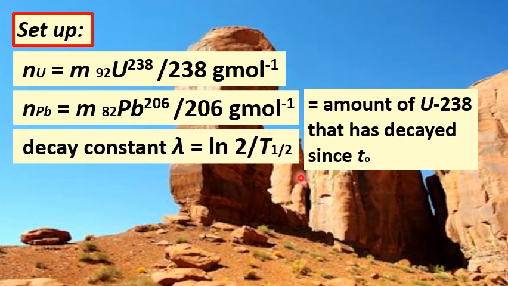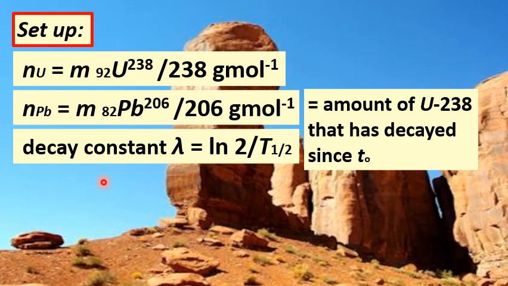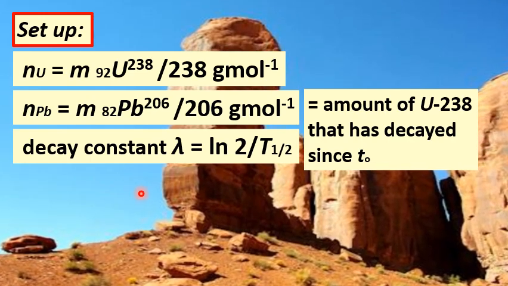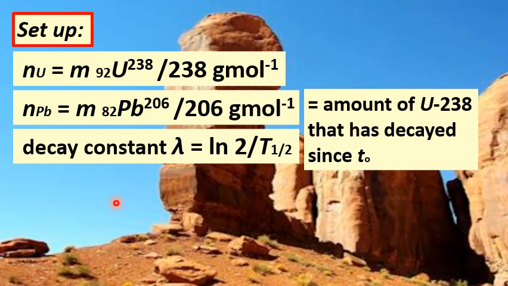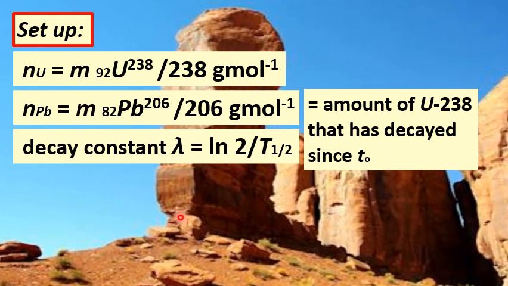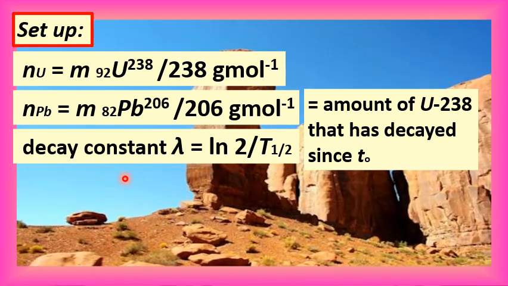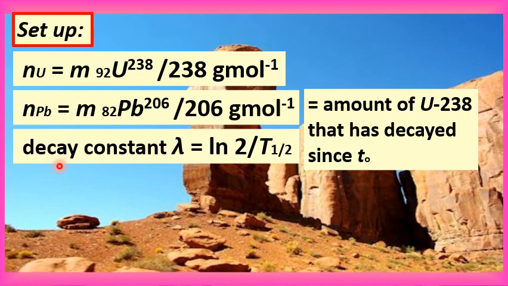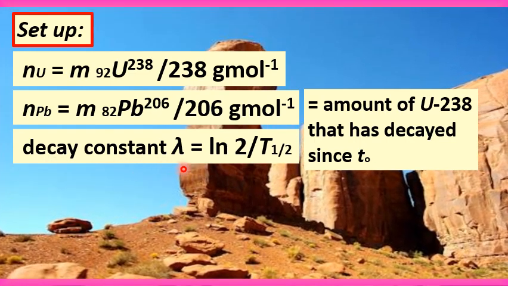Before we can find the time t or the age of the uranium ore, we need to also determine what we call the decay constant lambda.